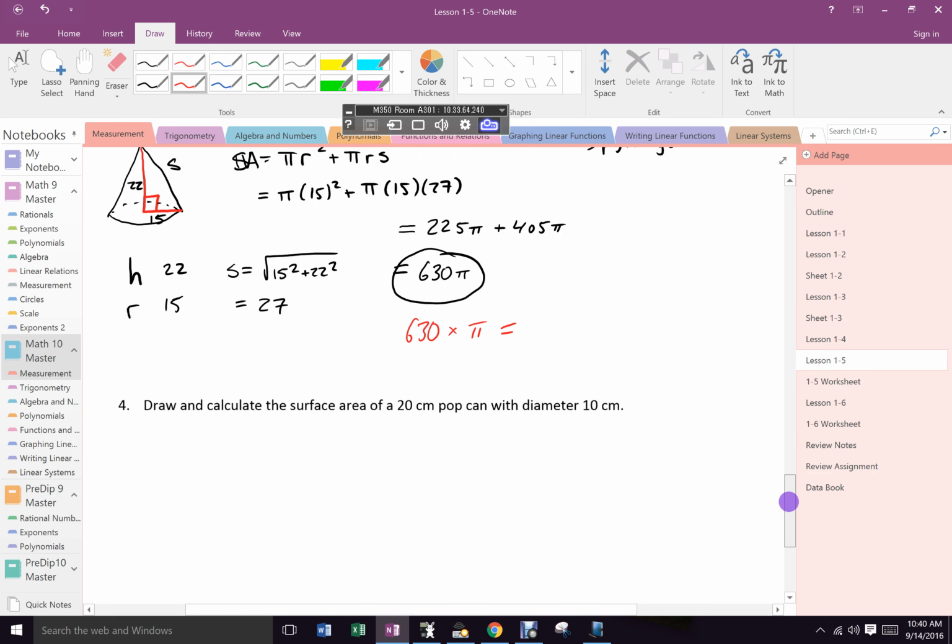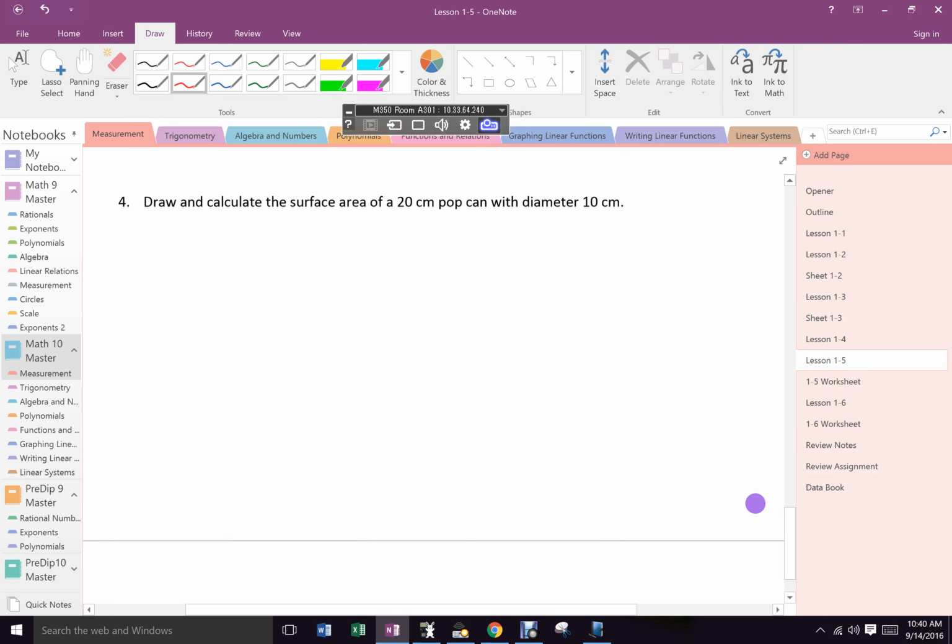So now you guys try the cylinder. You've seen how to do it. You've seen the formula. The formula's on your sheet. Cylinder looks like this. What is it really?